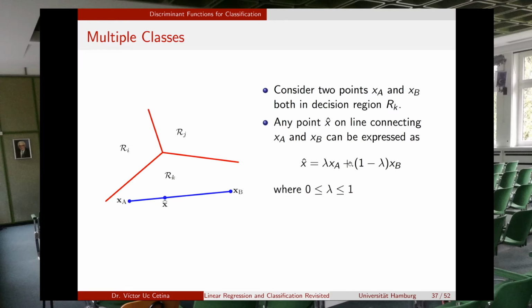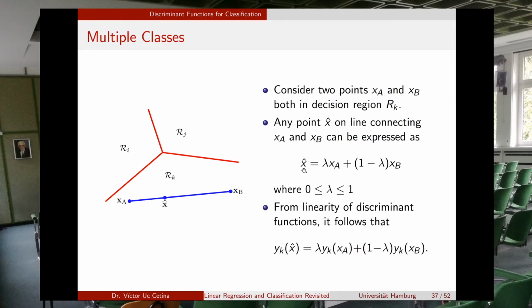And you write that this way: x circumflex will be some portion lambda of xa, plus 1 minus lambda portion of xb, where lambda in this case is between 0 and 1. So we are simply interpolating between xa and xb.